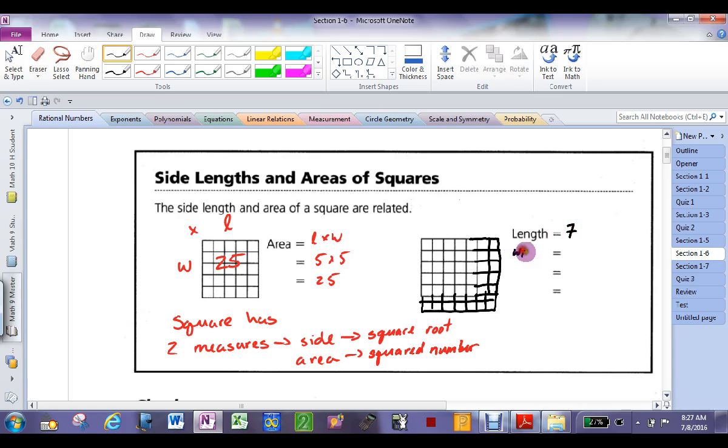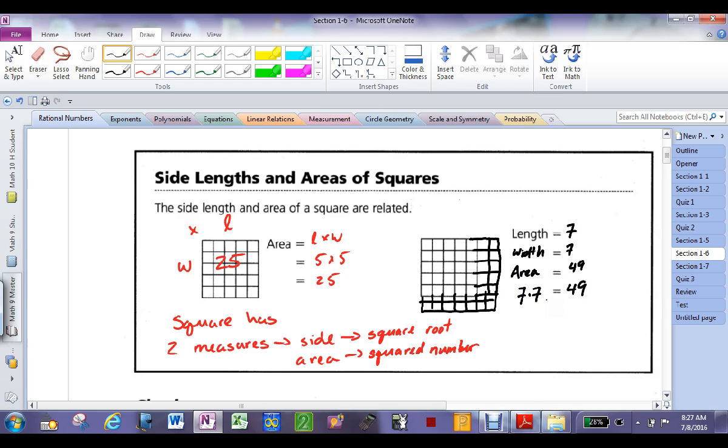What was the width? 7. What's the area? 49. Right? Everybody cool? So that means 7 times 7, that's my area, equals 49.